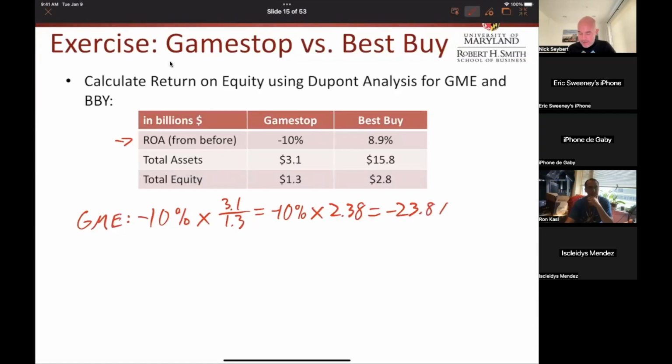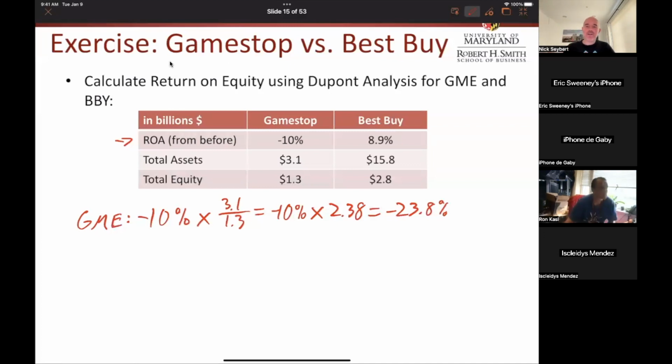negative 23.8%. So we see right here, it's actually kind of hard to find. I mean, not that many companies lose money. I mean, we're probably going to see more as the economy maybe slows down here. But for the last 10 years, with all the easy, cheap debt and the economy doing really well, it's actually kind of hard to find companies that most people think about, because we usually think in our minds about very successful companies like Apple and Google, and they don't usually lose money.